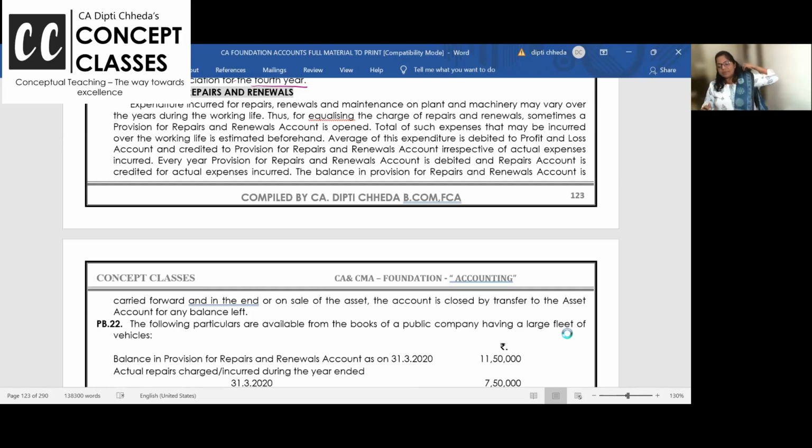Yes, one more concept is there, no? Profit or loss on the sale of the plant and machinery also.